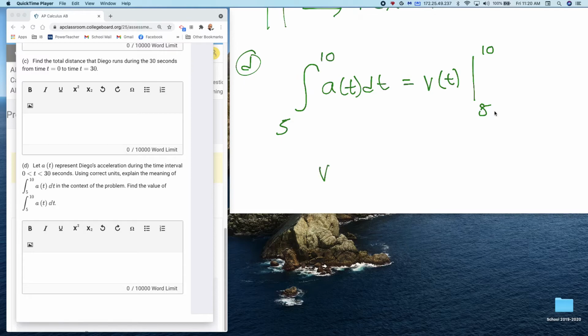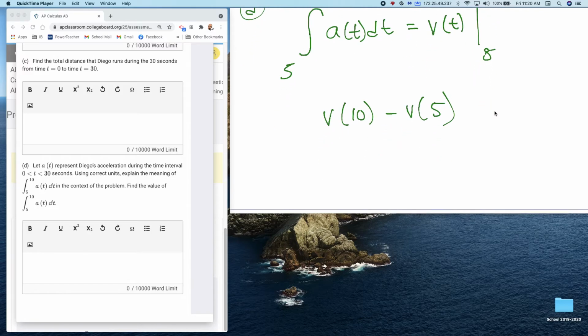And then that's v of 10 minus v of 5. And again, we'd use a calculator to calculate that. We have the velocity. We can calculate what it is at 10. We can calculate what it is at 5. And we can come up with an answer. This would be in feet per second because it's velocity.